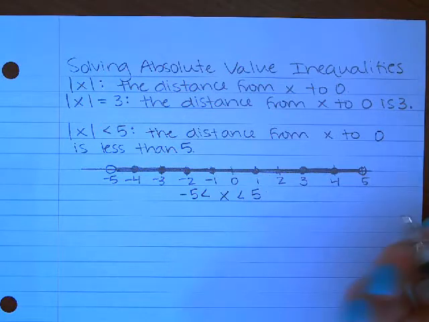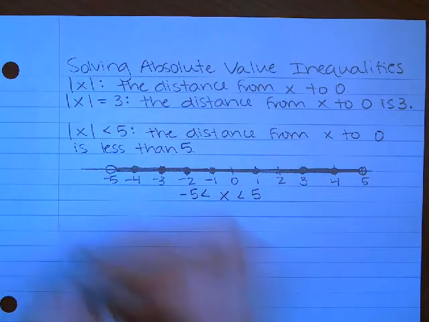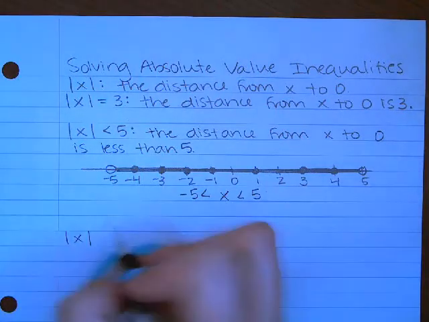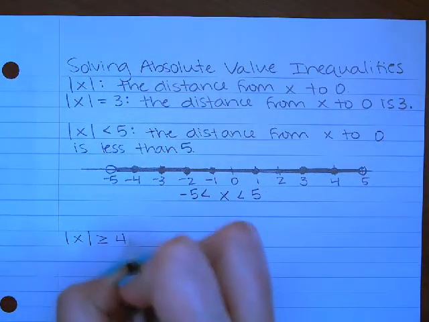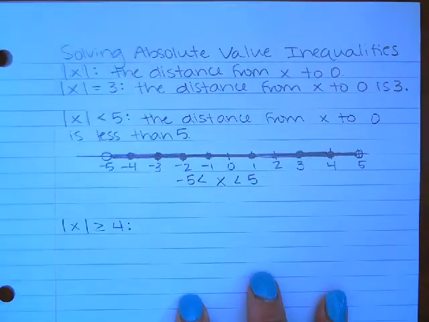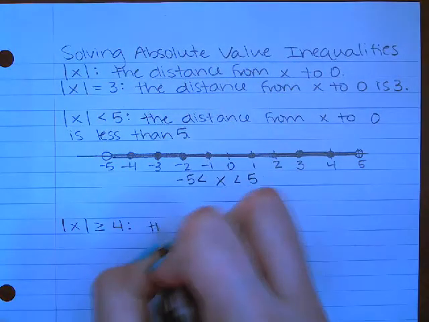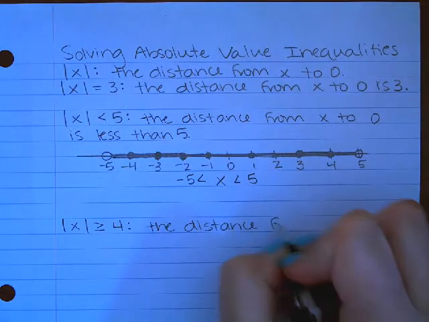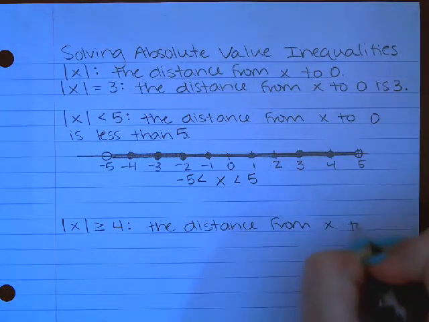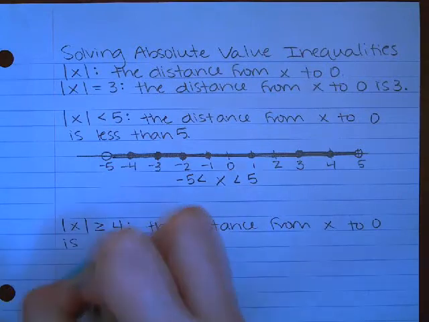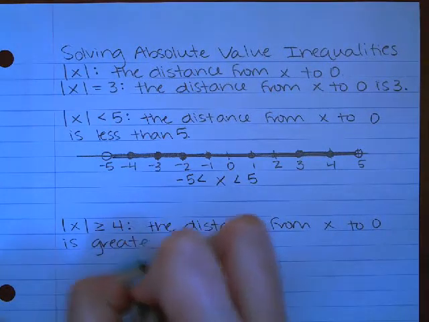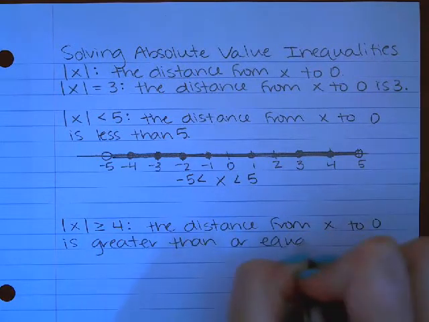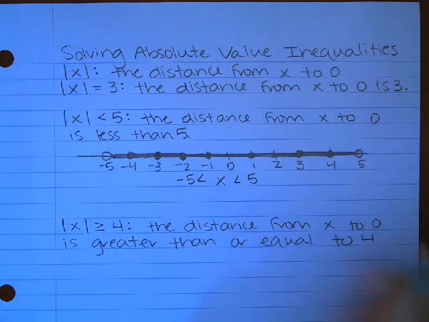All right, down here I'm going to say the absolute value of x is greater than or equal to 4. So the distance from x to 0 is greater than or equal to 4.